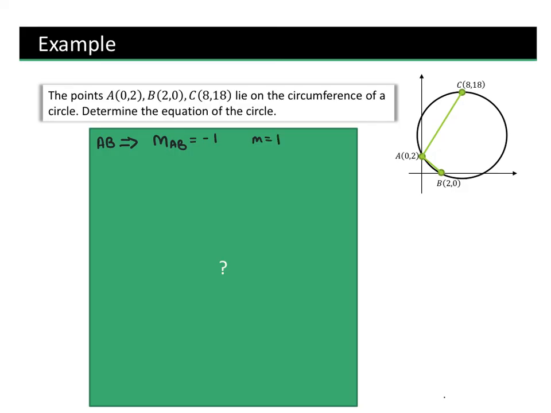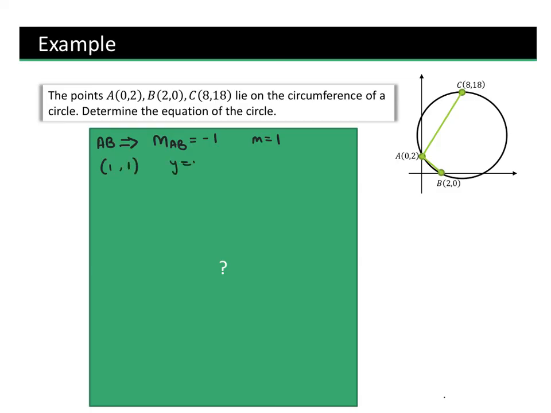Okay. Now, what else do we know? So we have a point. We have the midpoint, which we know is 1, 1, and we have the gradient as 1.